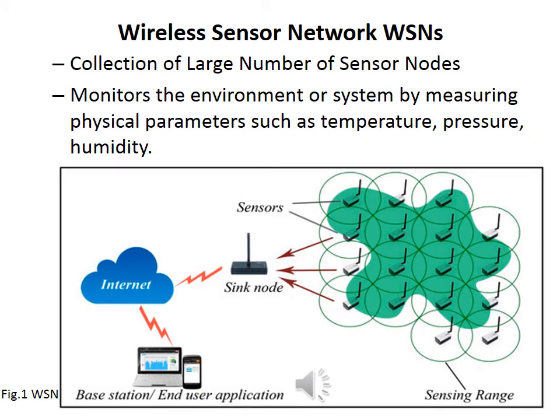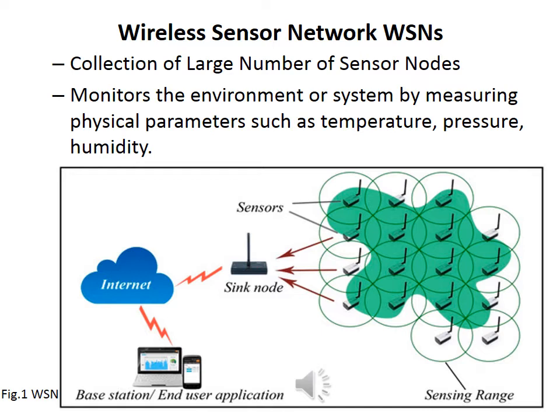This is the main definition of wireless sensor networks. That is a collection of a large number of sensor nodes. Such nodes monitor the environment by measuring physical parameters like pressure, temperature, humidity, etc. As you can see in the diagram, the sensor nodes are deployed in some environment, and the number of sensor nodes may be from 100 to thousands, depending upon the situation and the problem under observation.